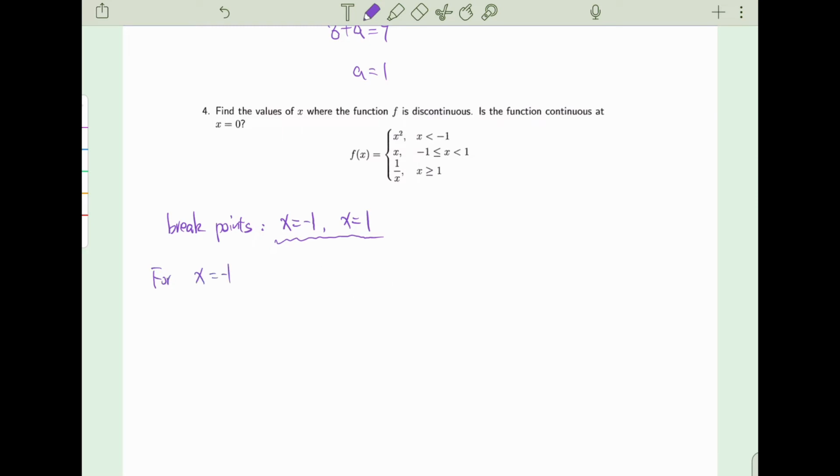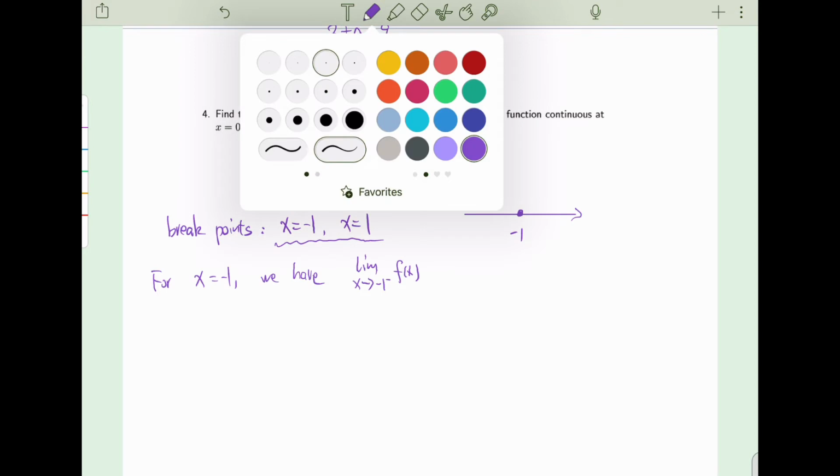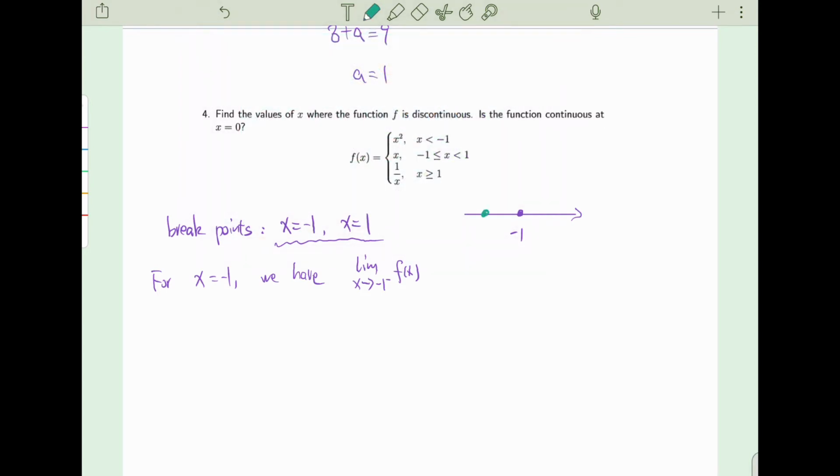So for x equal to -1, we have the left limit, x goes to -1 from the left, of f(x). And to be clear, let me draw my number line so that you can see how to find the left limit. So this is my -1, right? For the left limit, you're gonna choose a point from the left, this x here, and this approaches -1.